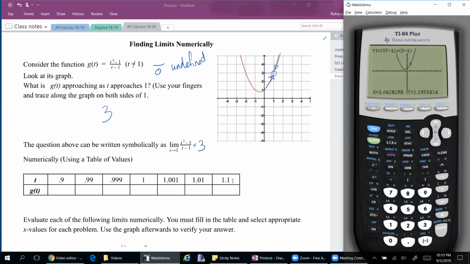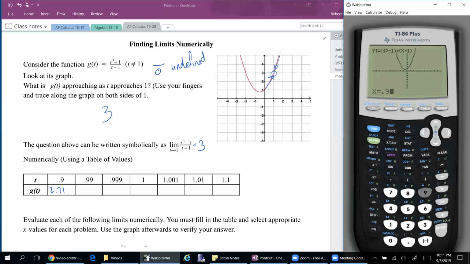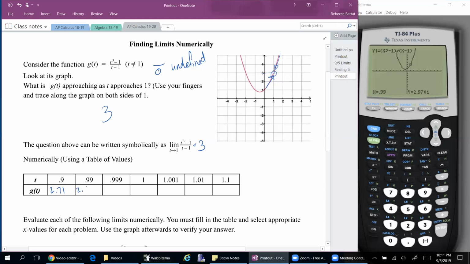So we can plug these values in. We press trace, and we can put 0.9 in the calculator, and we get 2.71. If we put in 0.99, we get 2.9701.